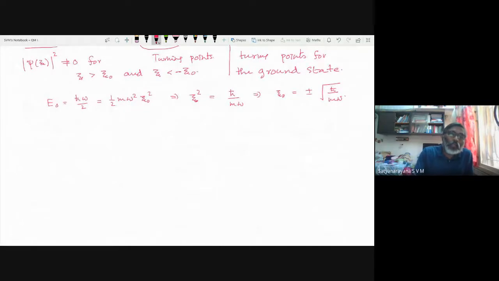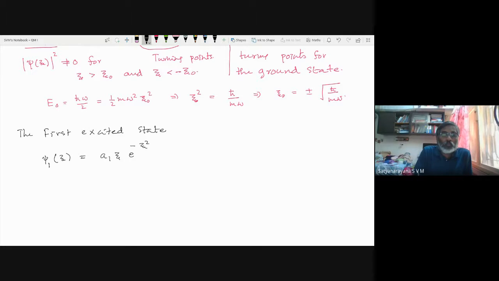And the first excited state is, of course, the same thing, but you have to multiply this with s is equal to 1. So the first excited state is given by psi 1 of xi, which will be equal to some a1 xi into e to the minus xi square.